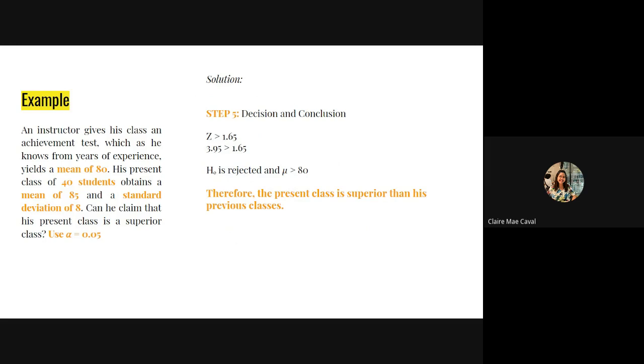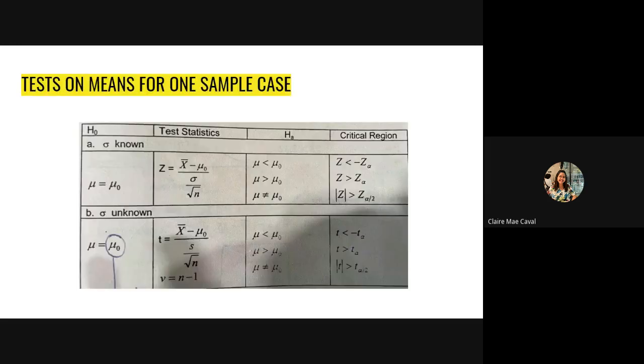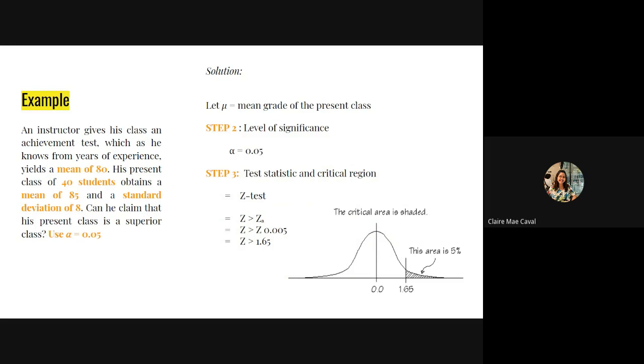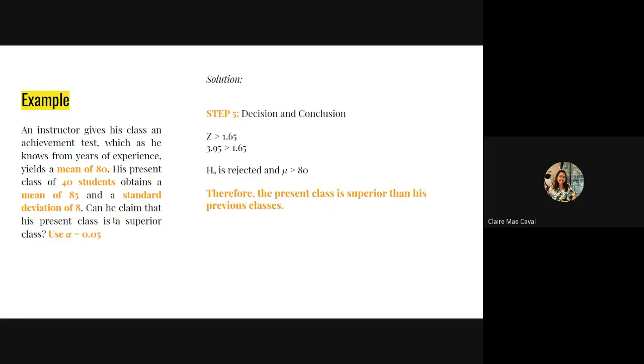Let's recall the problem in here. So, null hypothesis again, class is rejected kasi mas mataas si Z kaysa kay critical value na 1.65. Mas mataas yung Z value, so rejected na naman siya. And your population mean is greater than 80.